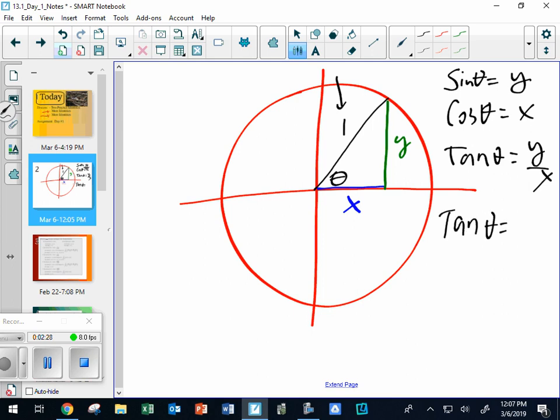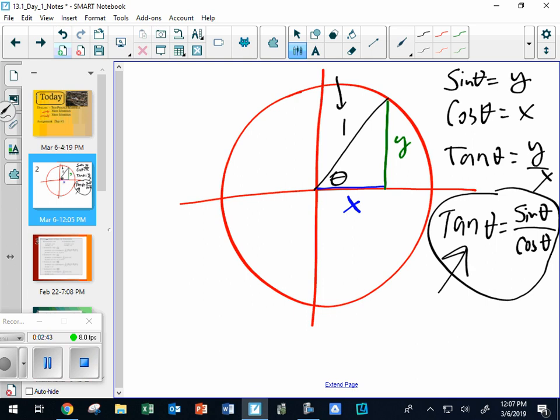This one is an identity. Wherever you see tangent, you can replace it with sine over cosine. It's a math fact. It's a math truth. And that means wherever I see a tangent, I can put this. Or vice versa. If I see this in a proof, I can replace it with tangent.